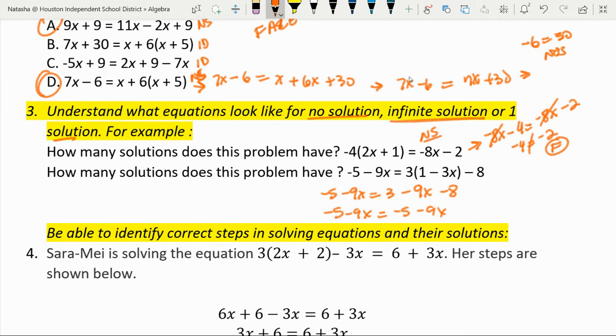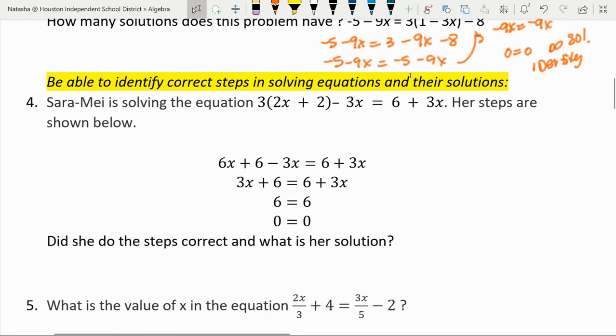If I were to simplify this further and add 5 to both sides, that would give me negative 9x is equal to negative 9x. We could even divide or subtract. You would end up getting 0 is equal to 0 or 1 is equal to 1. So that means that we have infinite solutions, or we could talk about this being an identity.